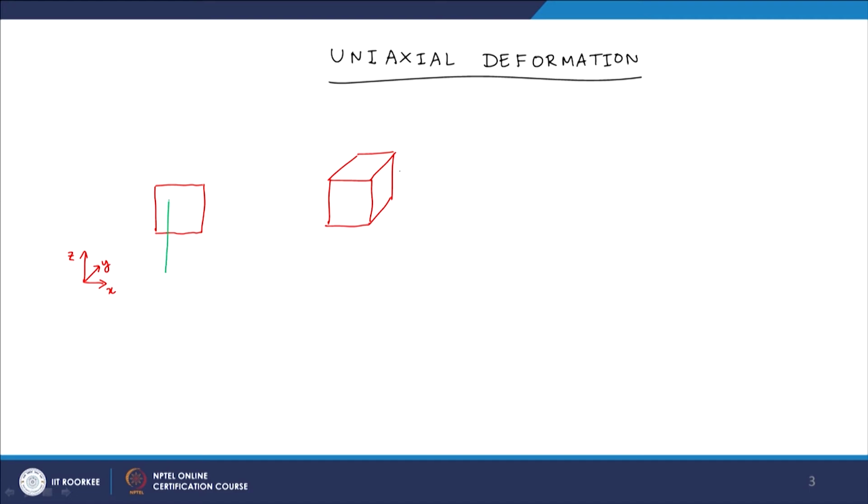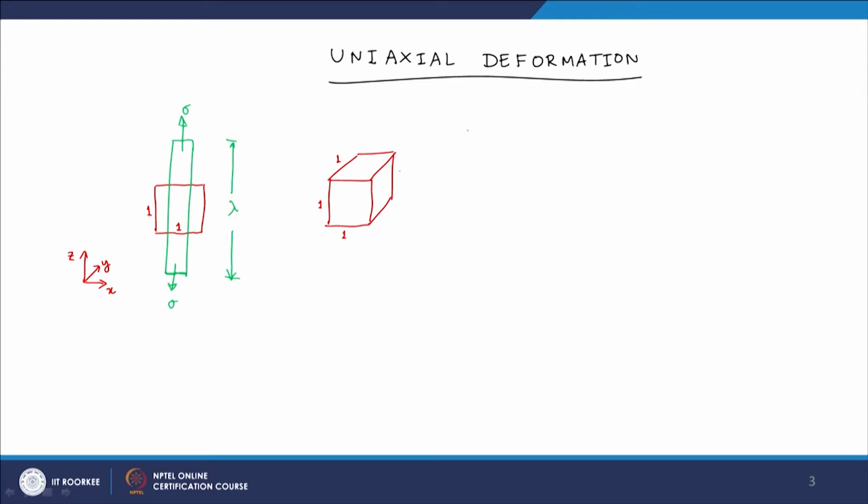Okay. So, when I deform this material along the Z direction, by applying some stress, let us say sigma from both the ends, and assuming that we started with unit dimensions, that is 1 1 1 on all the sides, the final state will have some length lambda along the Z direction, and since the material has to conserve volume overall, as we stretch in one direction, it has to thin in the other 2 directions.